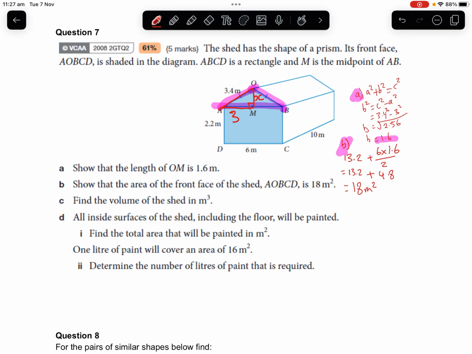So we know that the front side of the shed is 18 meters squared, times it by 10 to give us 180 meters cubed, and that is the volume of the shed.